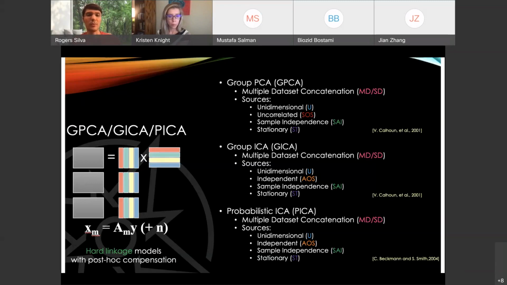So there's a post hoc afterthought, in the second step after ICA is done, where they try to somehow project the results back into the subject-specific data and get subject-specific components or sources.